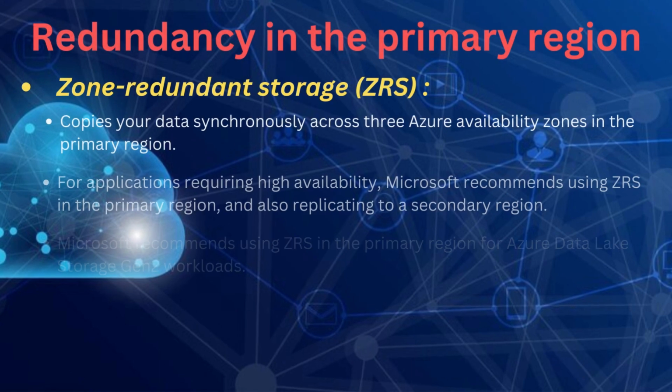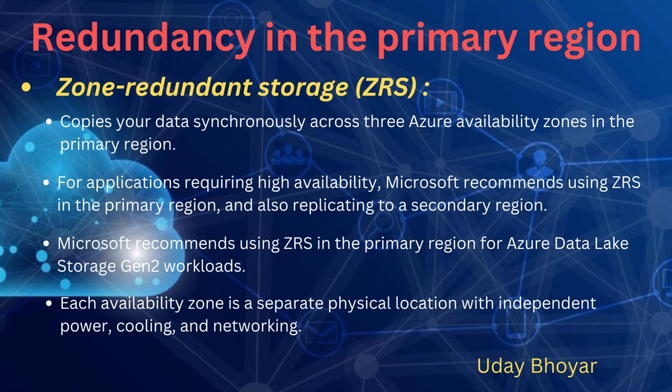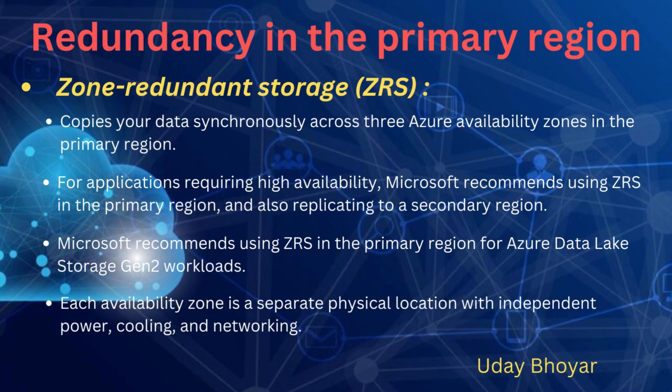Now let's look at the second option for redundancy in the primary region, that is zone redundant storage, which copies your data synchronously across the Azure availability zones in the primary region. For applications requiring high availability, Microsoft recommends using zone redundant storage in the primary region and also replicating to a secondary region.